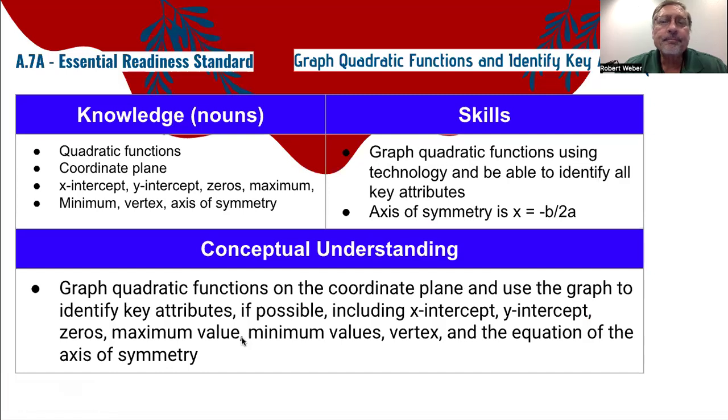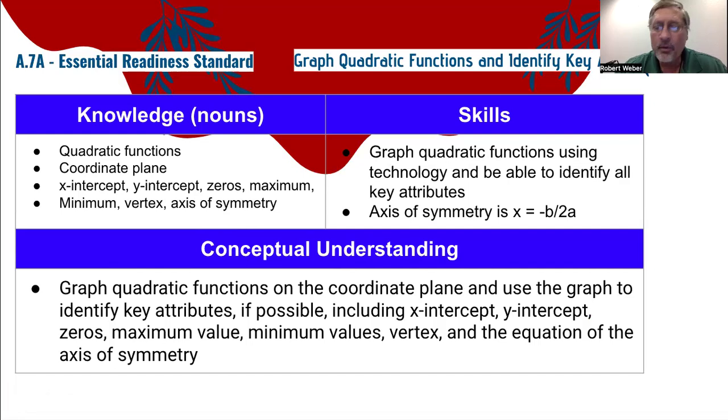So 7A is your essential. Again, that's one that we walk out of saying that they absolutely have to have students can demonstrate comprehension on A7A. Quadratic functions, coordinate plane, x-intercept, y-intercept, zeros, maximum, minimum, vertex, axis of symmetry, all critical there. Probably teaching this with some sort of technology piece.